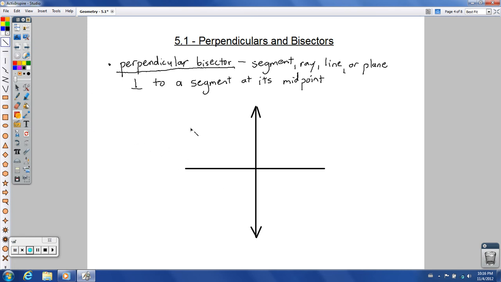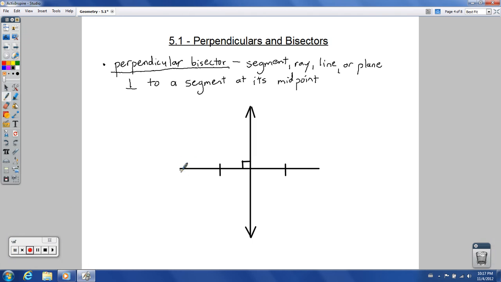And I will add in a box in the corner, signifying that it is in fact perpendicular to this. And then I will put tick marks here and here, and now I'm going to give this endpoints as well.